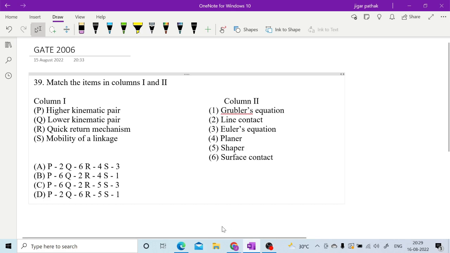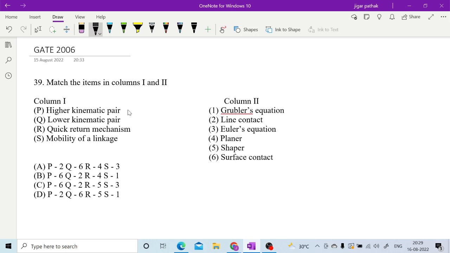So directly I can tell you that this higher pair means you are having line contact, right? So here when you are having a higher pair, it means line contact. When you are having lower pair, it means surface contact.